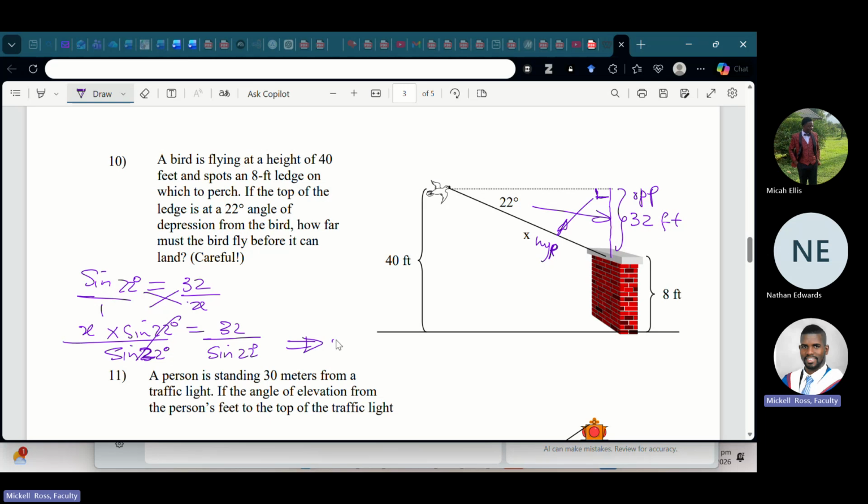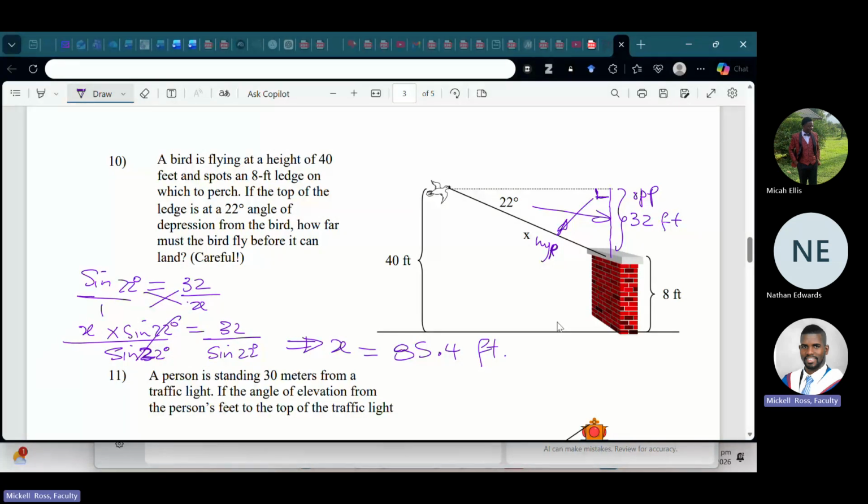This means that x is going to be equal to 32 divided by sine of 22. So I end up with a total distance of 85.4 feet. That's how far the bird must fly in order to perch on that ledge safely.